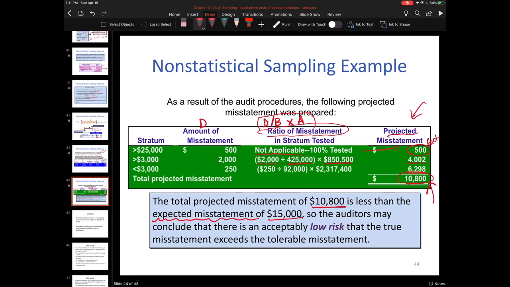And so instead, what you say is, all right, I feel like there's an acceptably low risk that the true misstatement would exceed tolerable misstatement. So you think basically that there's an acceptably low risk of incorrect acceptance.